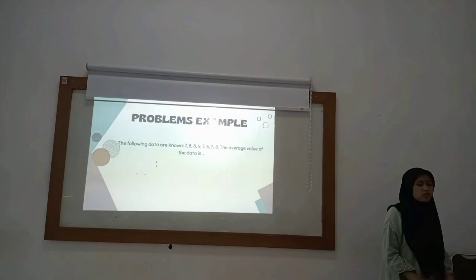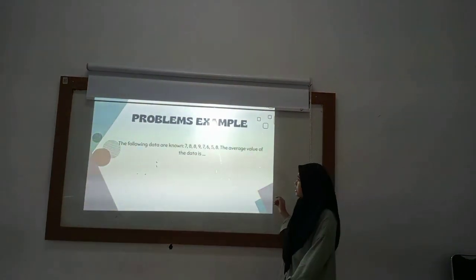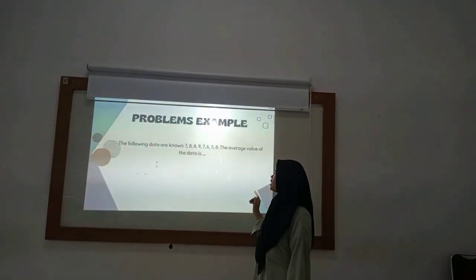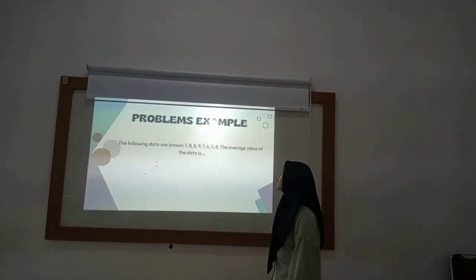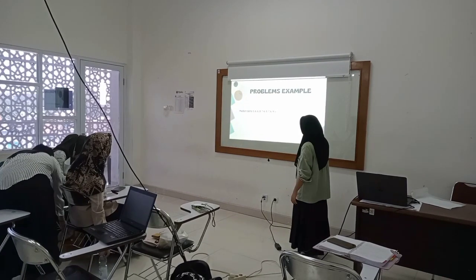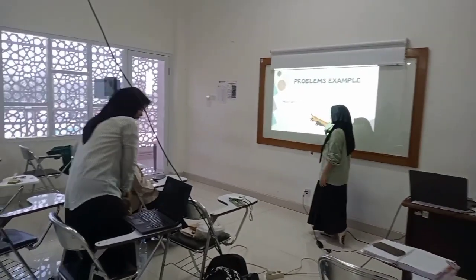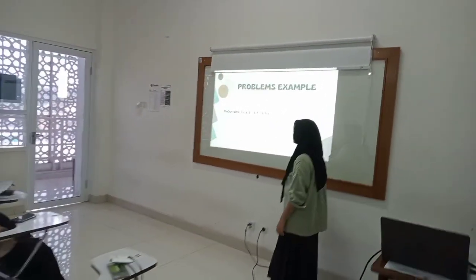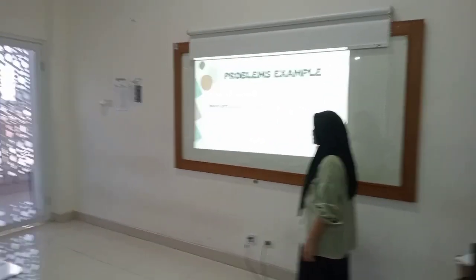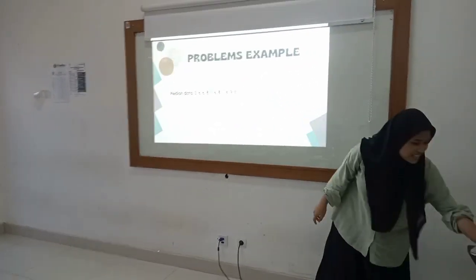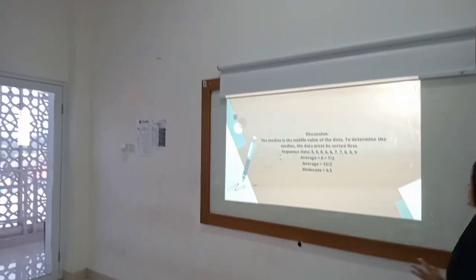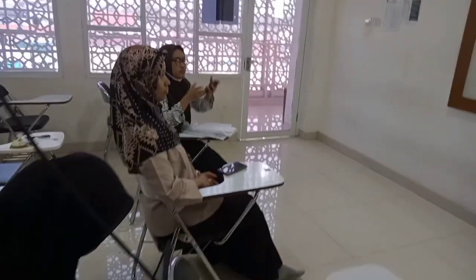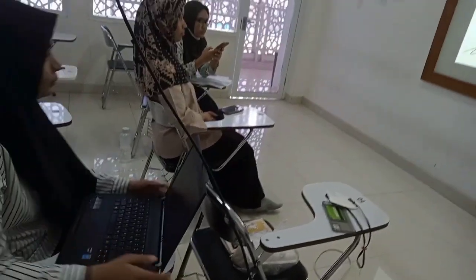Problem example. The following is an example for the median. Data: 5, 6, 8, 7, 6, 8, 7, 6, 9. What is the median? The median is the middle value of the data.